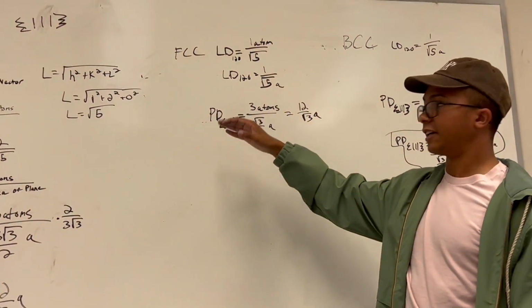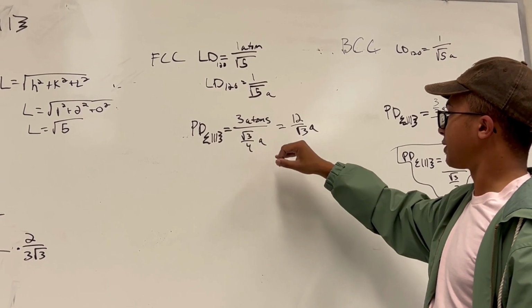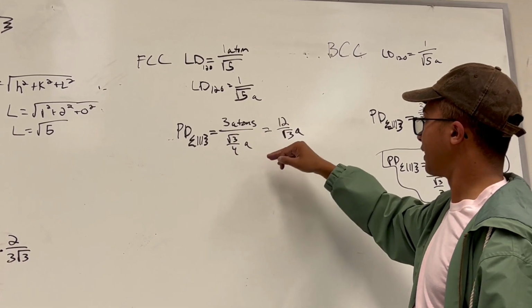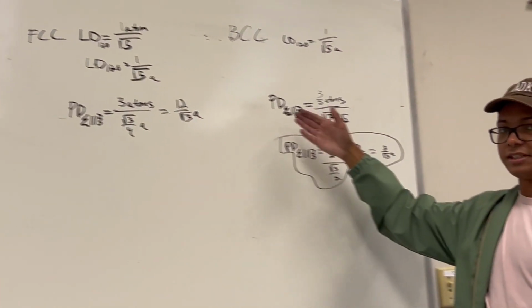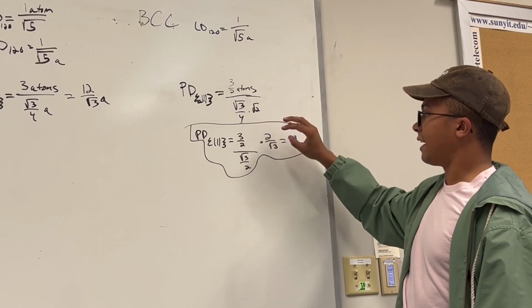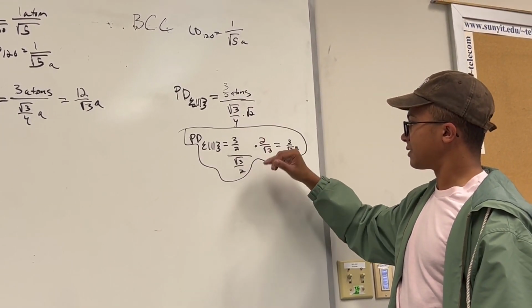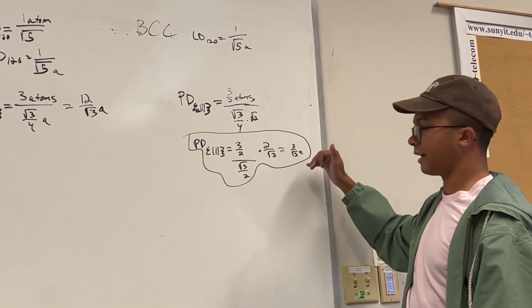Then you're going to come over here for the planar density of an FCC structure, 3 atoms, and then you're going to use radical 3 over 4a, which becomes 12 over radical 3 a. And then finally for a BCC structure, you have 3.5 atoms on that area given. Then the area itself is radical 3 over 2, which simplifies out to 3 over radical 3 a.